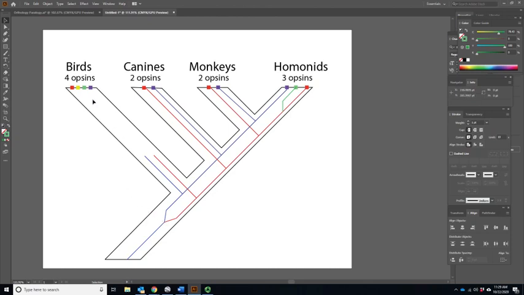Now, the last thing, all we have to do is explain why the birds have 4 opsins. And again, we could very easily say, well, maybe there were 2 gene duplication events here. So maybe we've got a gene duplication event here, right, that leads to that purple one. Again, I'm just going to put these in different order so that they're convenient there.